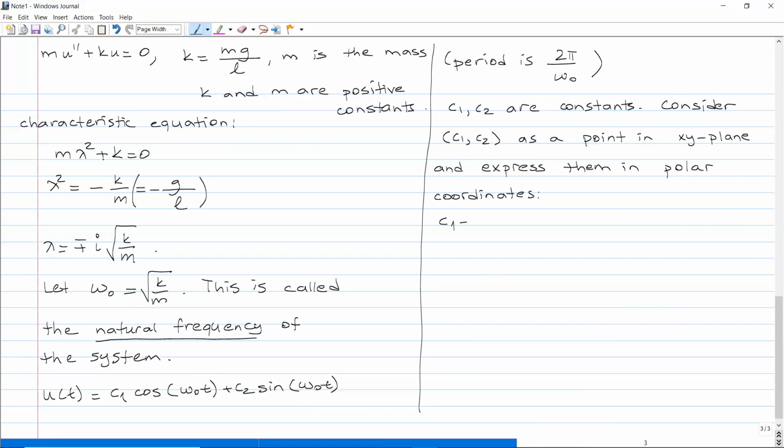So C1 is R times cosine theta, and C2 is R times sine theta. This R is the square root of C1 squared plus C2 squared. So instead of using C1, C2 constants, we use the constants R and theta.